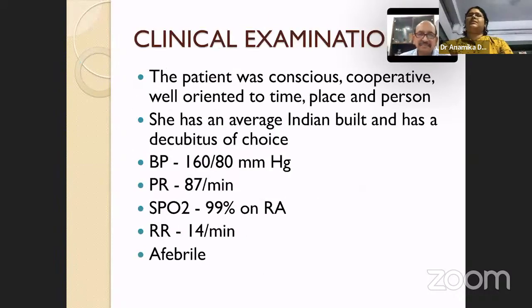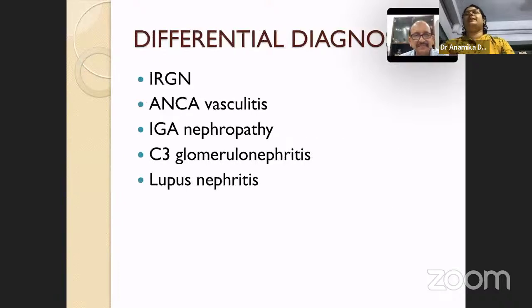So after my history and clinical examination, I came to the following differential diagnosis. Firstly, I kept IRGN as a differential diagnosis. My points in favor of the diagnosis were, one, her acute presentation.